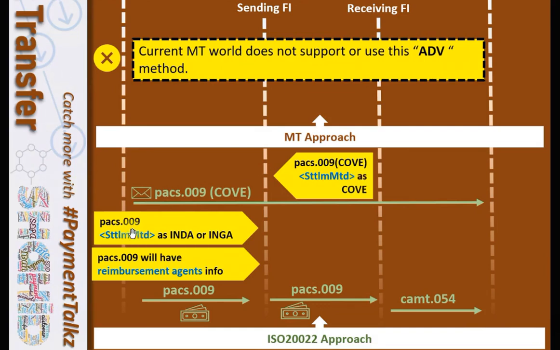Then the PACS.009 will go from here to here, then from the next bank, and finally CAMT.054 to intimate the other bank that it has been created. Here this PACS.009 will be the standard PACS.009. The only thing is that it will have the information about the reimbursement agent as well, because it is an ADB message format. So that is all about the transfer methods from the bank to bank and customer perspective. That's all for now.